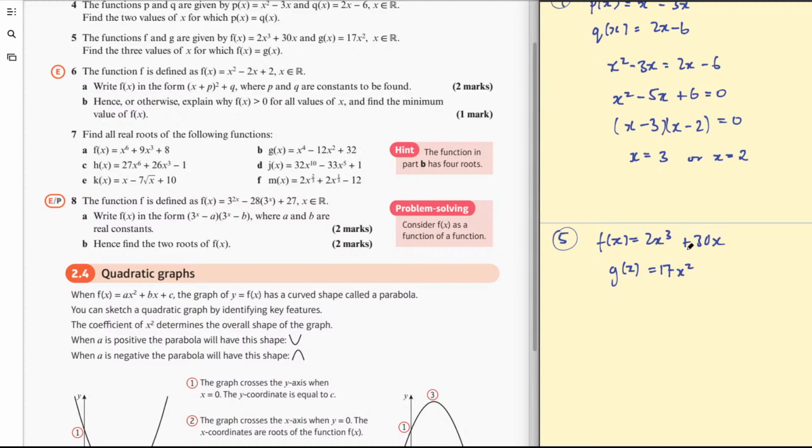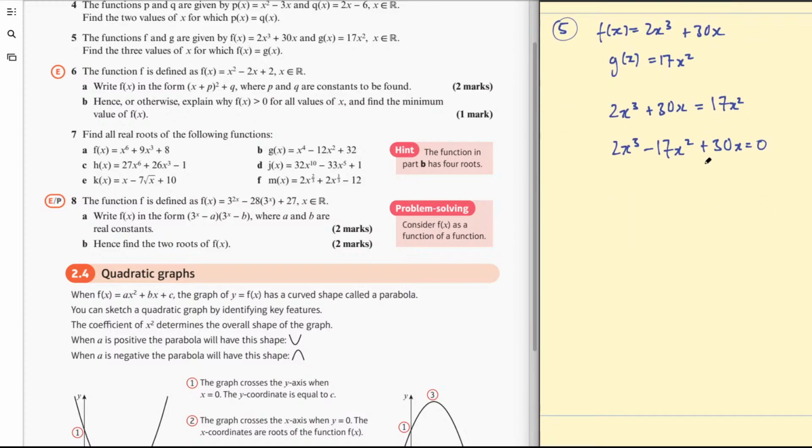Actually, we talked about factorizing expressions with a cubed variable. So this is referencing what we did earlier. Firstly, let's set these two expressions equal to each other. So 2x cubed plus 30x equals 17x squared. And then bring everything over to the left hand side. So 2x cubed take 17x squared plus 30x equals 0.